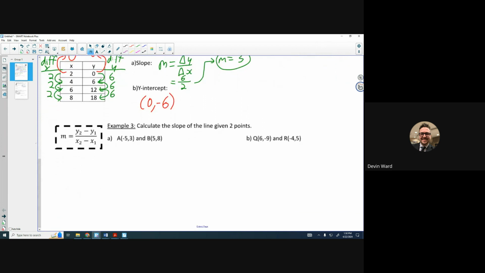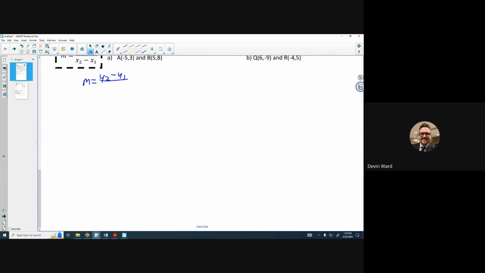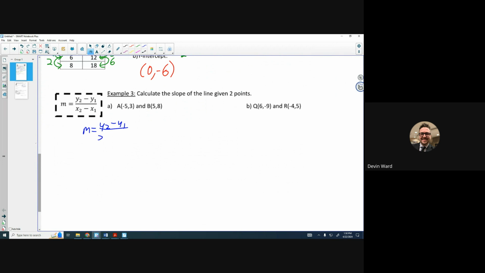Okay. So now I want to calculate the slope given 2 points. So I'm going to use the equation slope equals y2 minus y1 all over x2 minus x1. So the first thing you need to do is label x1, y1, x2, y2.